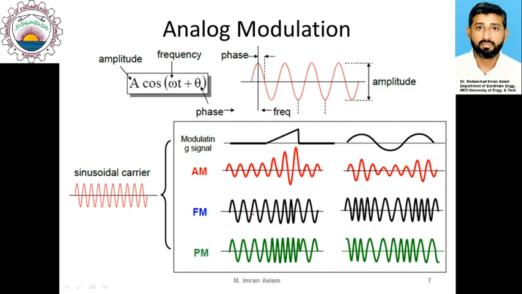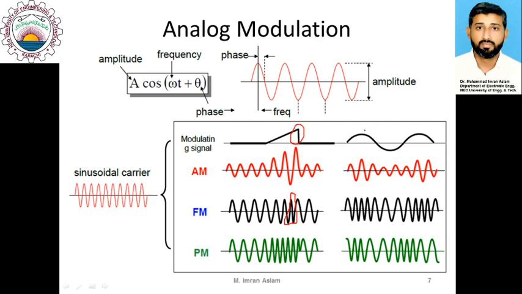In frequency modulation, the frequency of the waveform changes with respect to the modulating signal. You can see that at the point where the amplitude of the modulating signal is relatively higher, we see a relatively high frequency of the waveform here.